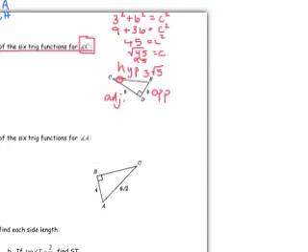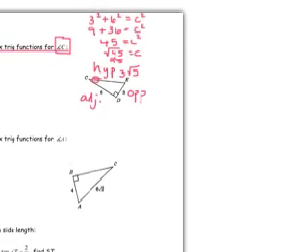So since sine is O over H, this is going to be H over O. So that's 3 root 5 over opposite, which is 3. And so this reduces down to root 5, square root of 5. You don't need to put that over 1.